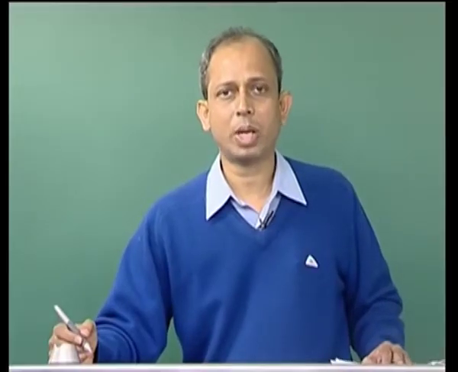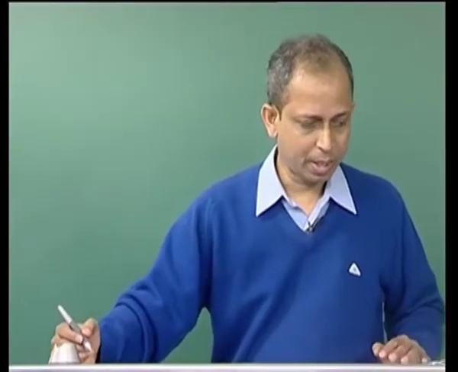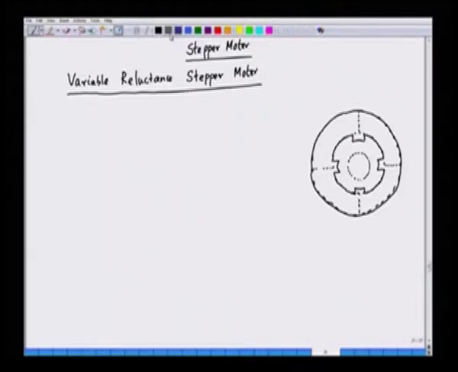In every pole we have a winding, and the windings are placed as follows. This is winding in maybe phase A, and we have phase B winding here, and we have phase C winding here, and we have phase D winding here.